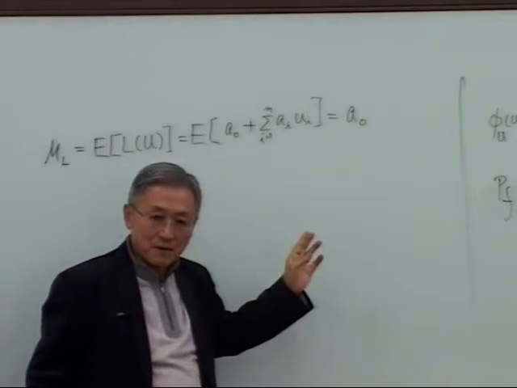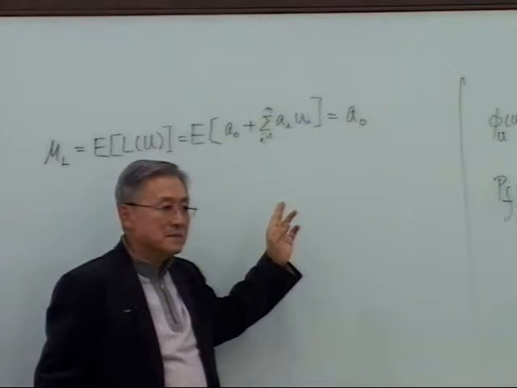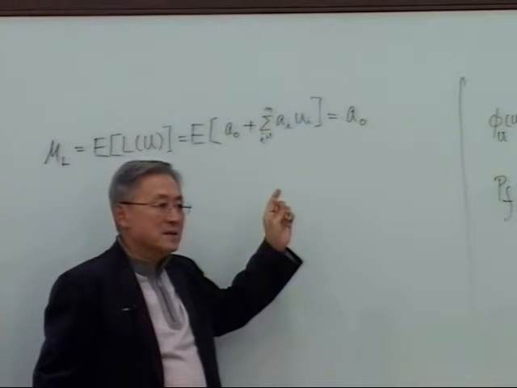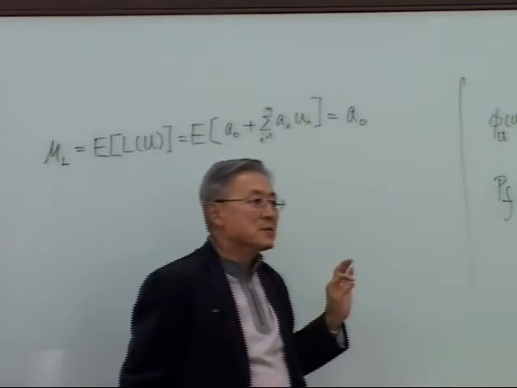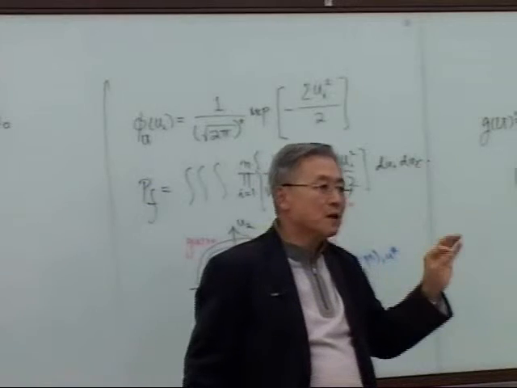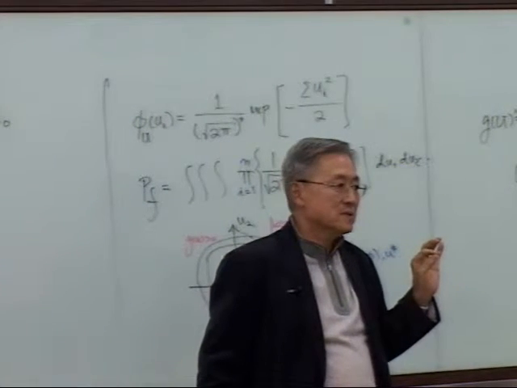Zero. Why is it zero? The mean of each component is equal to zero because the U space origin, the mean, starts right at the origin.